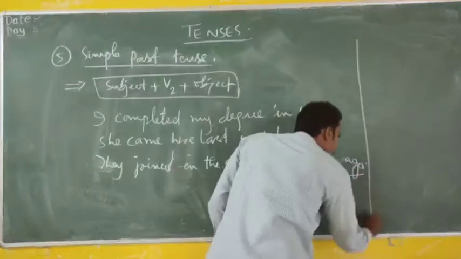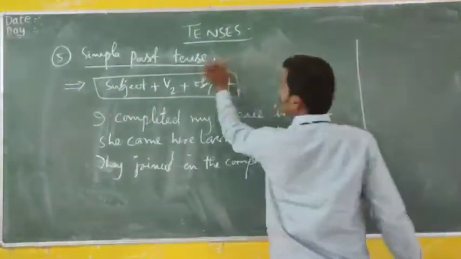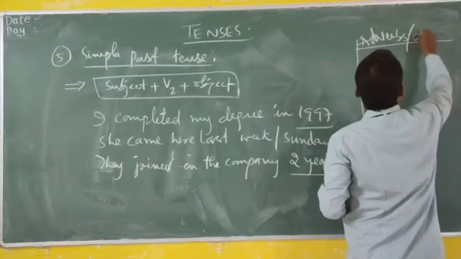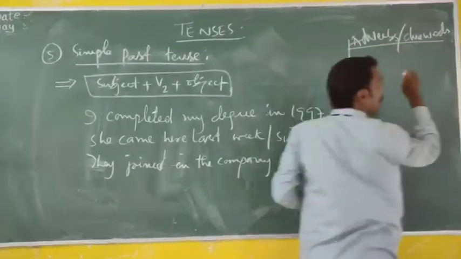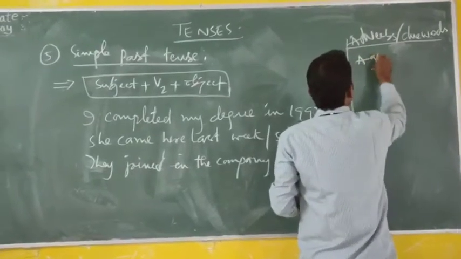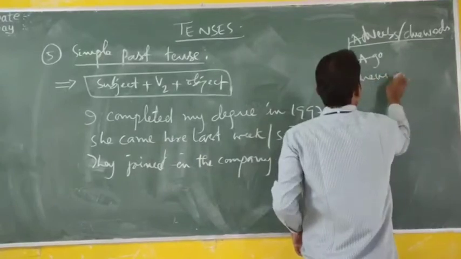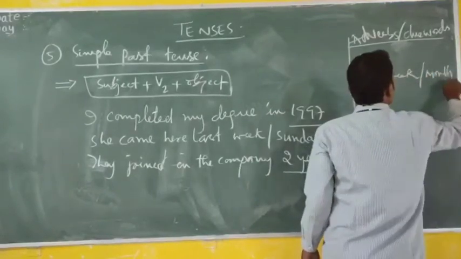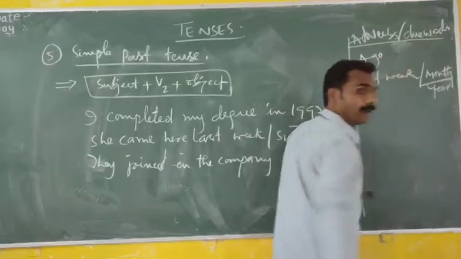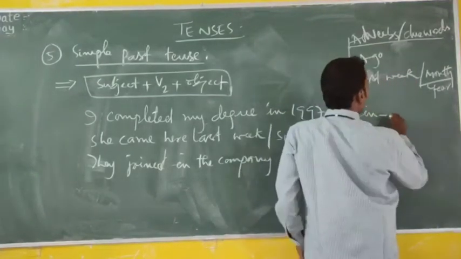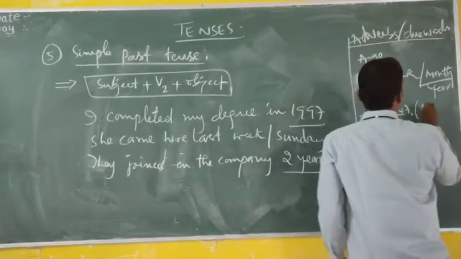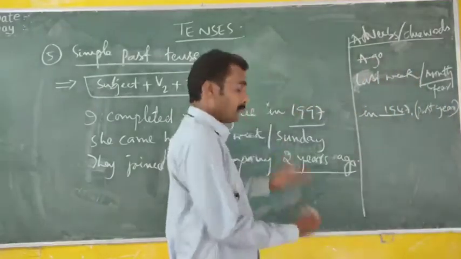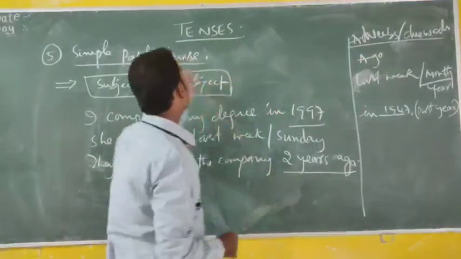Let's see some of the clue words or adverbs used in the simple past tense: ago, last week, last month, last year, or in a past year like 1947. ఇలాంటి కొన్ని క్లూ వర్డ్స్ ఆర్ అడ్వర్బ్స్ కూడా మనం ఈ టెన్స్ లో యూజ్ చేస్తాం.